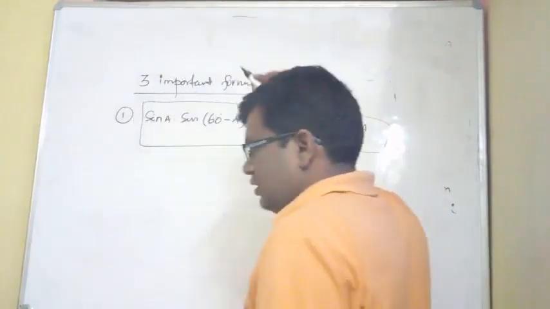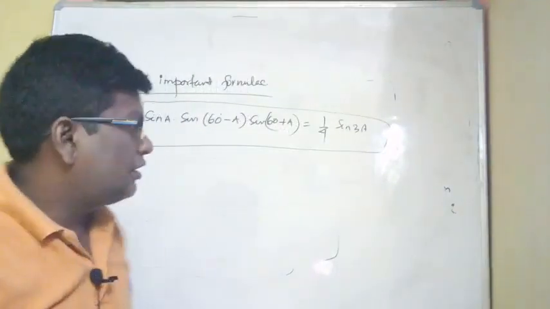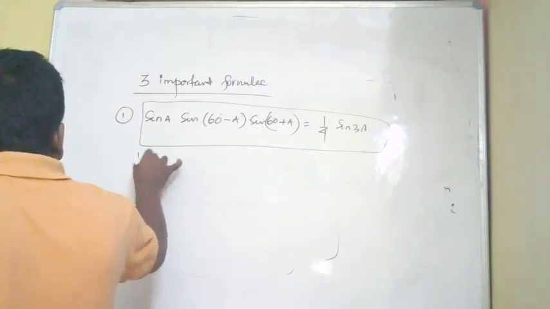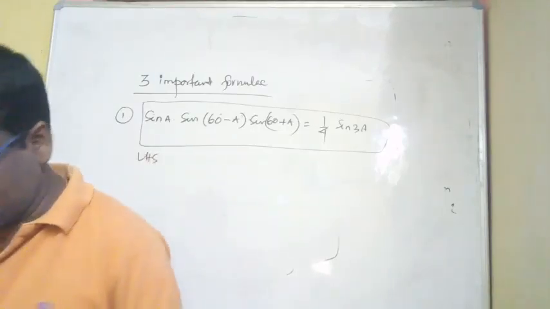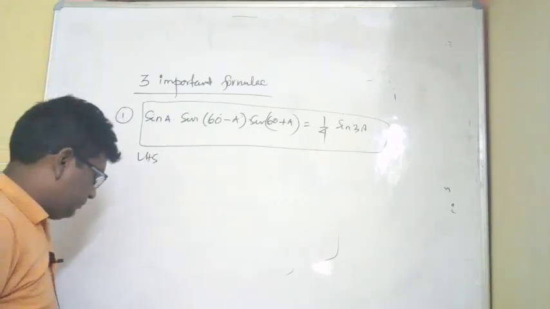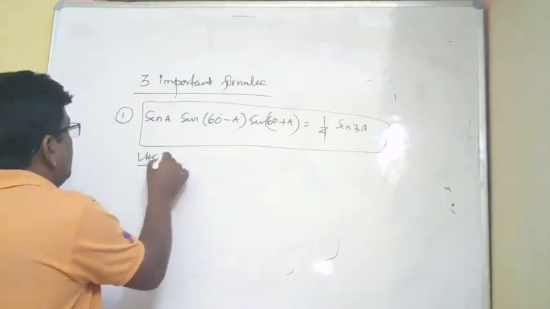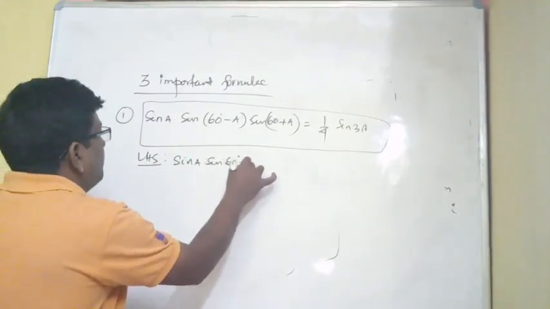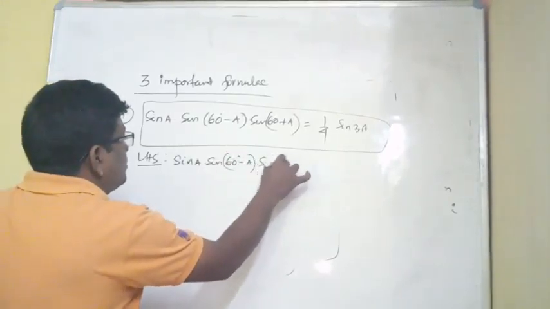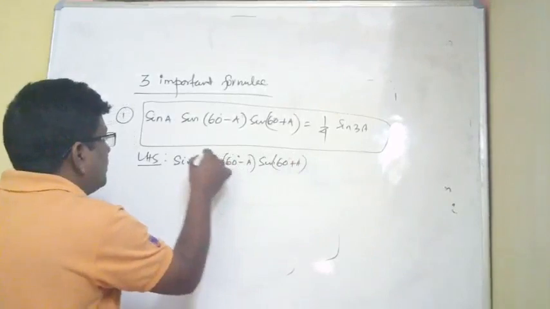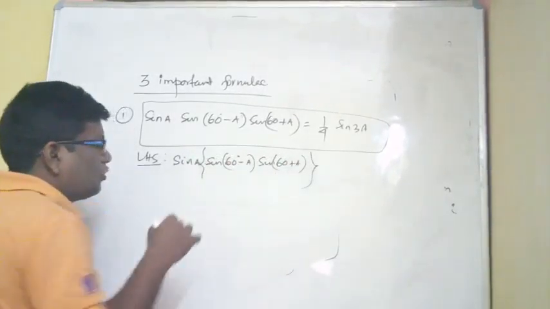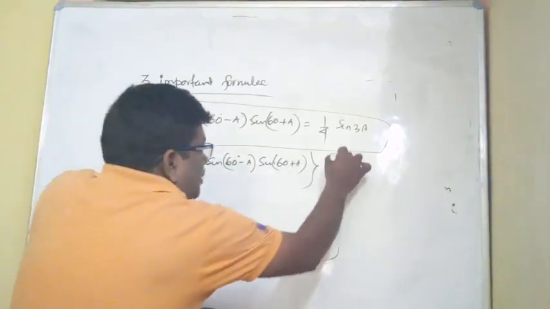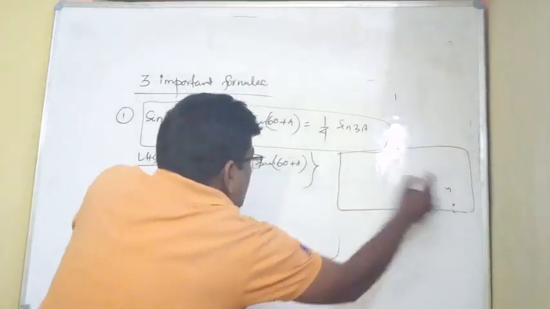Now we have to prove this. Left hand side: sin A into sin of 60 minus A into sin of 60 plus A. Apply the portion sin of A minus B into sin of A plus B. What is the formula from previous knowledge?